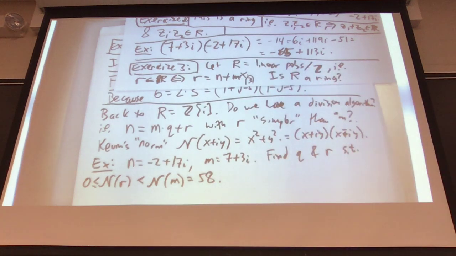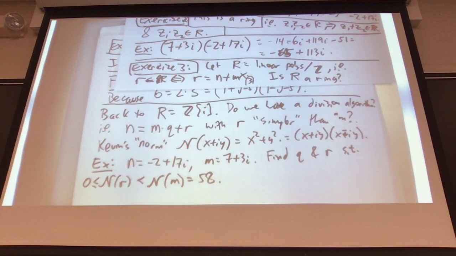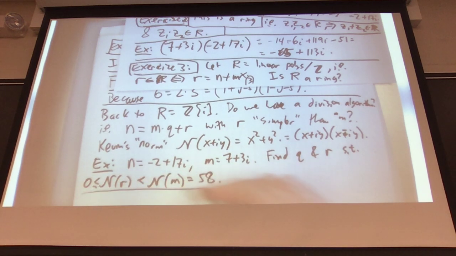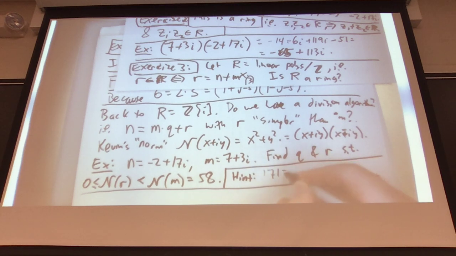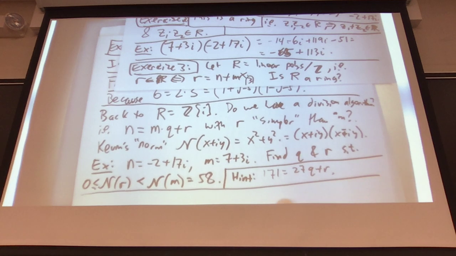What would you do in the integers? Let me give you a hint. What would you do in the integers if I gave you some large number? If I give you 171 equals 27q plus r, how are you finding q?